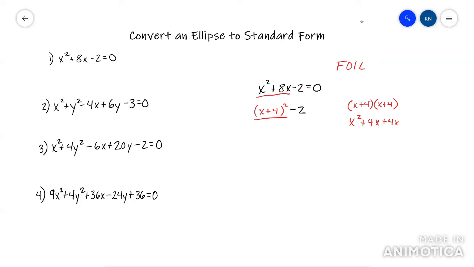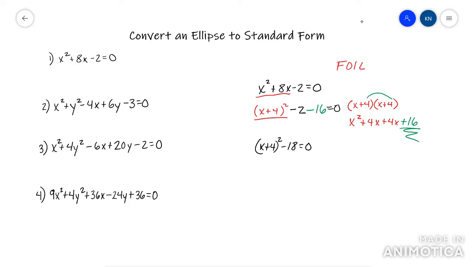But the difference is the L of the FOIL is going to make a plus 16. You have to account for this on the outside by minusing 16. You can't just add 16 to an equation. So by calling this a perfect square, you're adding 16 randomly, so you have to cancel it here on the outside. So this one fully completed would be x plus 4 squared minus 18 equal to 0.